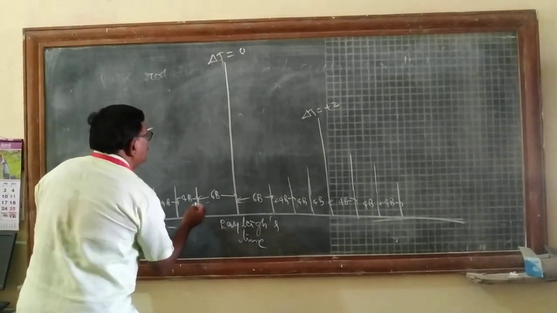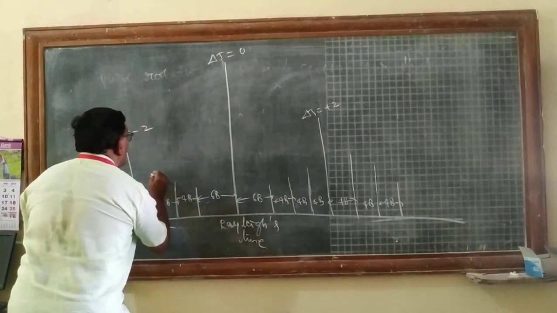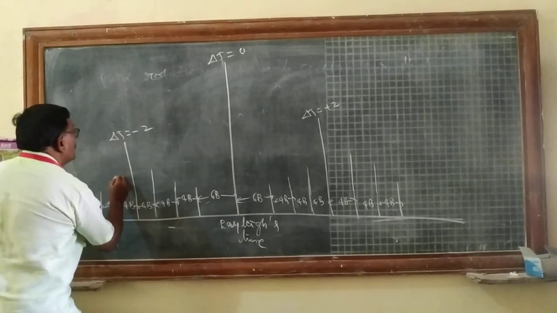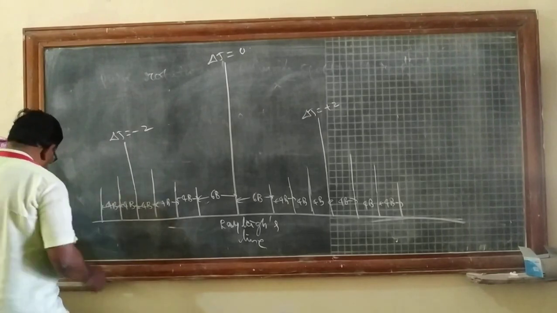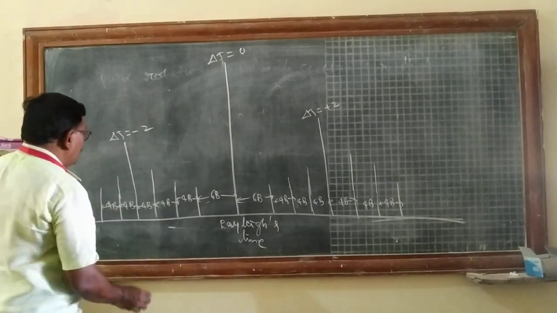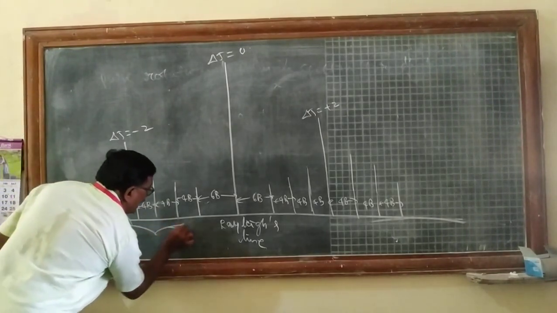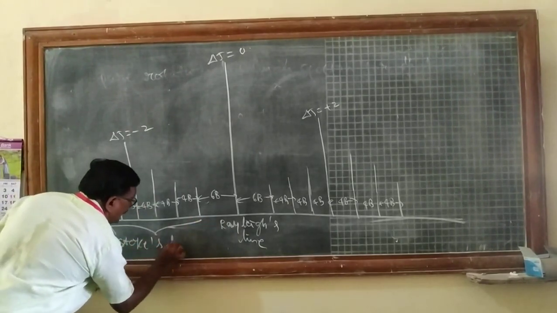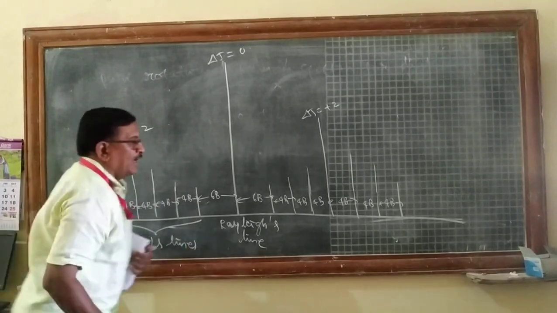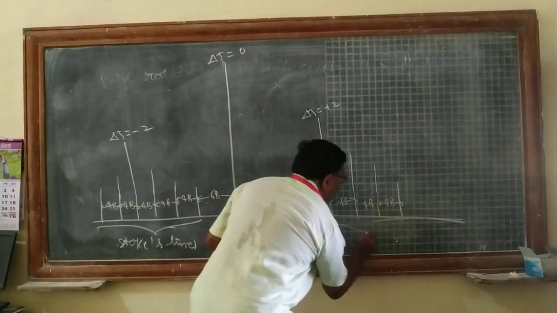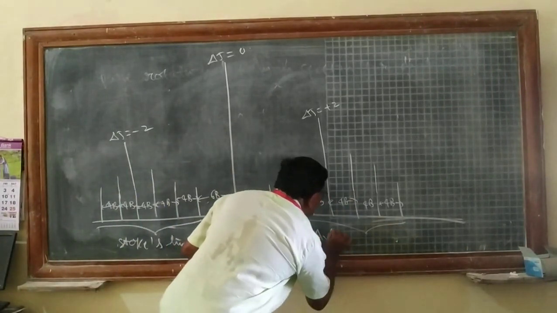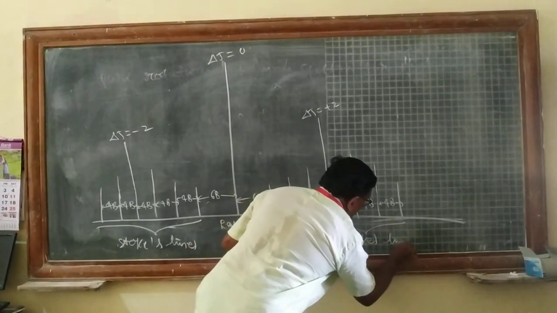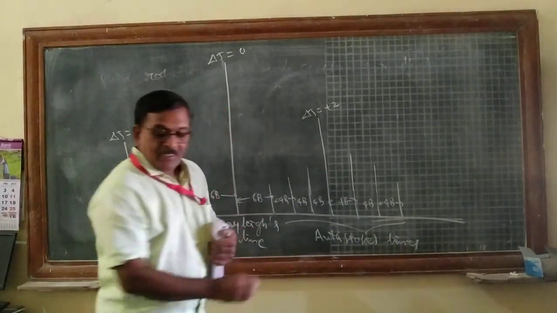So this is a 1. These lines will be called Stokes lines, and these lines will be called the anti-Stokes lines.